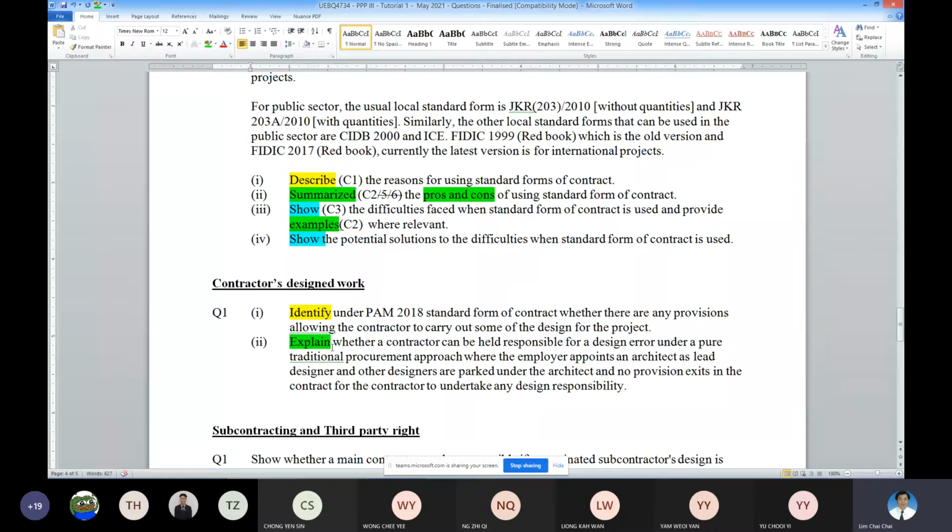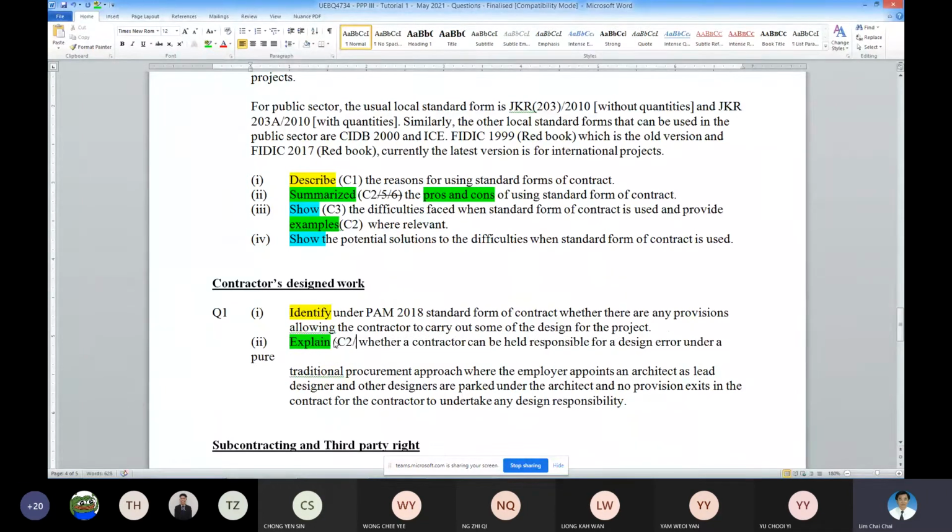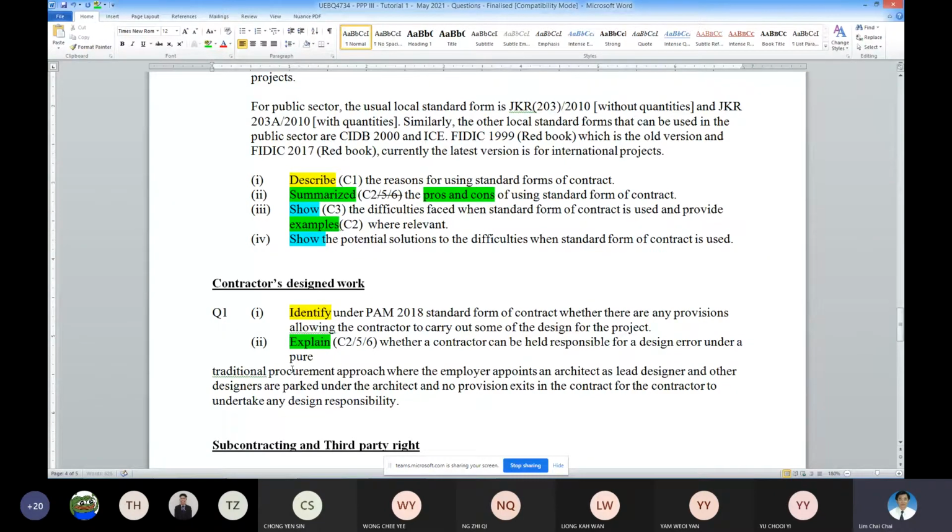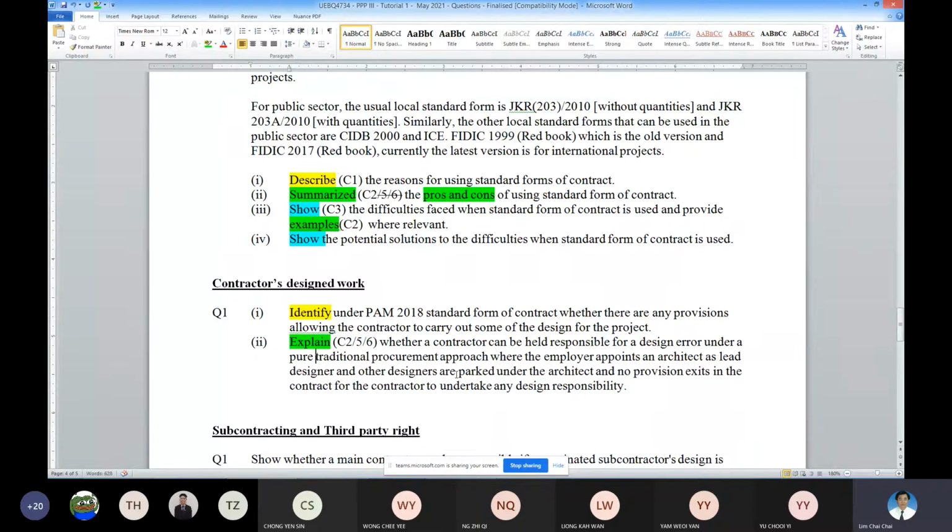So this one is C2, 5, and 6. You look at the question: it's going to be definitely higher than C2, because you are asked to provide legal arguments and so on. So most probably it is the C5 and C6 category to provide for your answers.